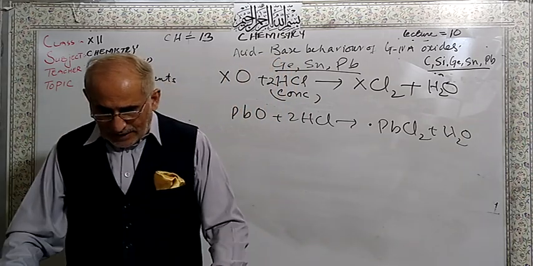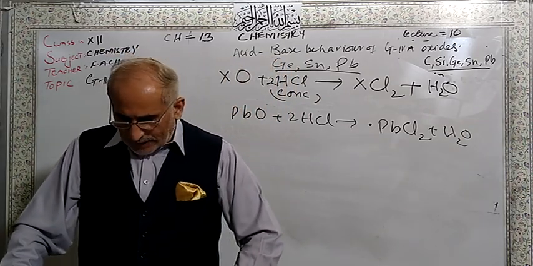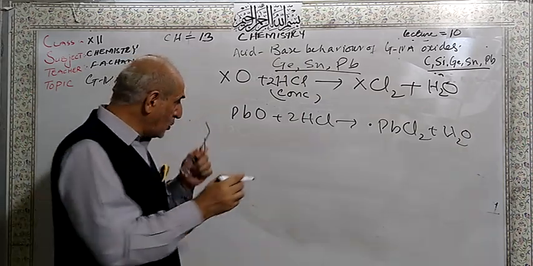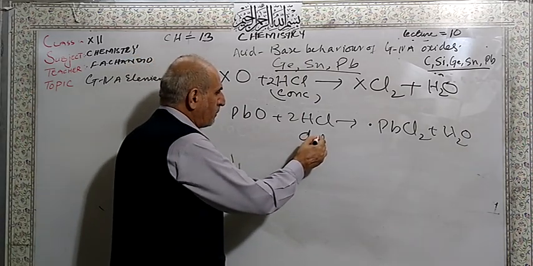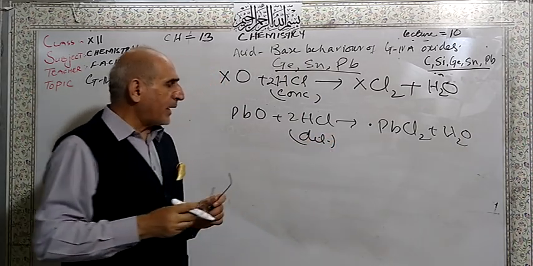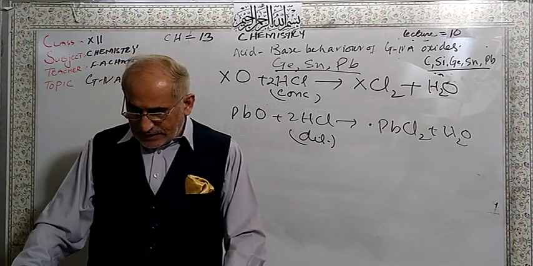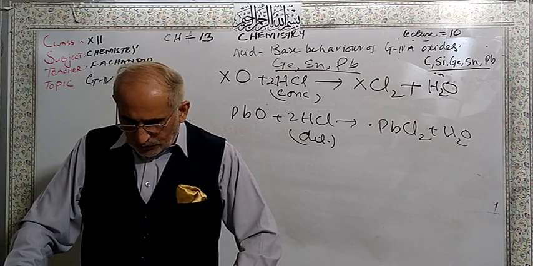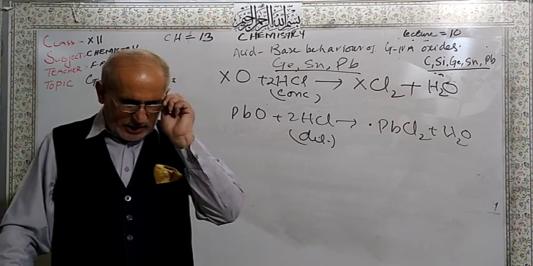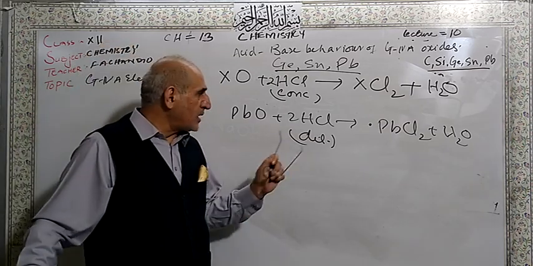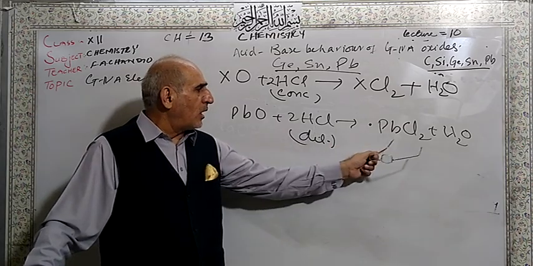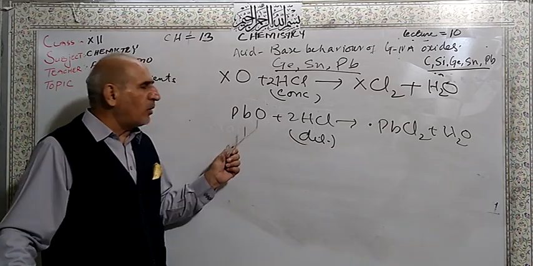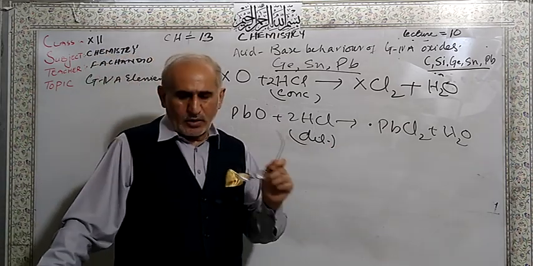However, with dilute hydrochloric acid, an insoluble layer of lead dichloride is formed and the chemical reaction stops, because the layer of lead dichloride forms on the lead oxide.